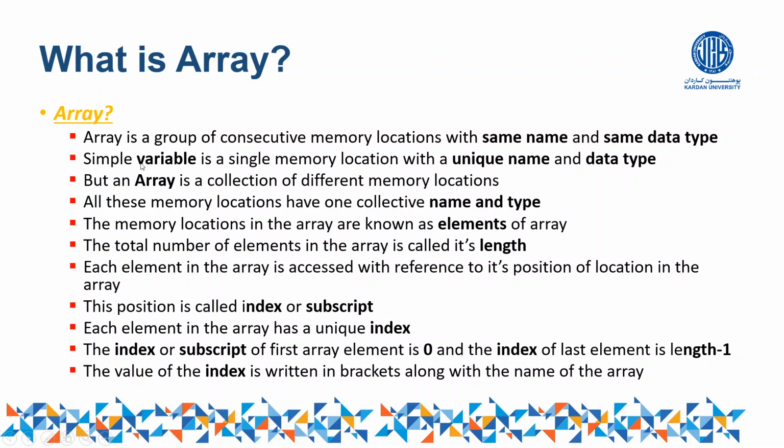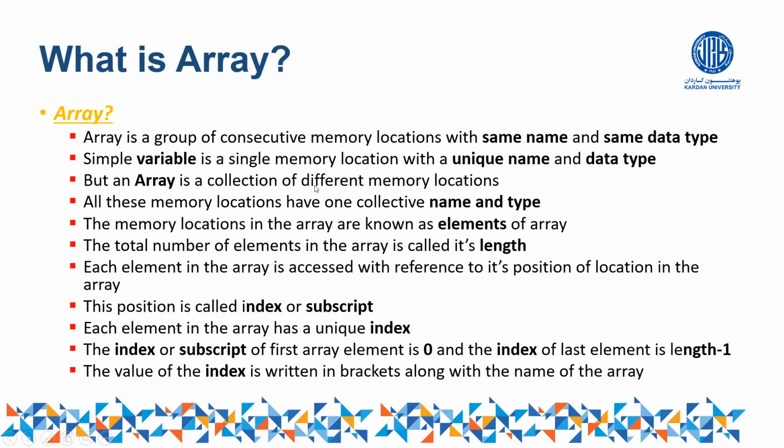Now, array is a collection of different memory locations. A simple variable is a single memory location, but array is a collection or a group of different memory locations. All these memory locations have one collective name and type.